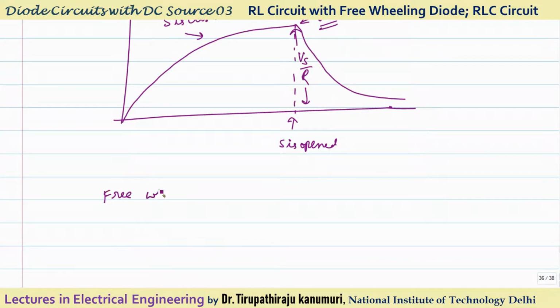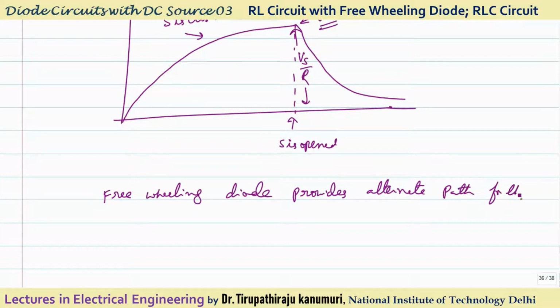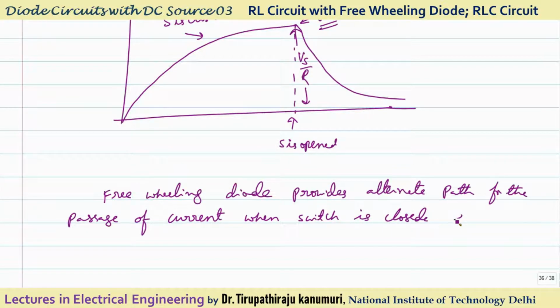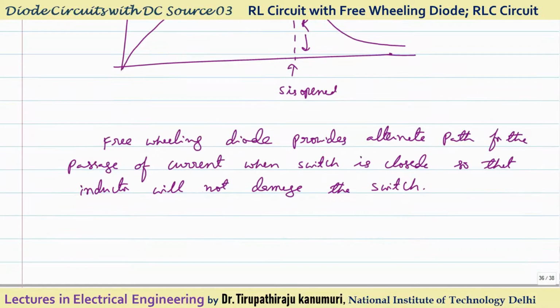This freewheeling diode provides an alternate path for the passage of current when the switch is closed, so that the inductor will not damage the switch, because actually it is a power electronic switch. So that is the purpose of the freewheeling diode.